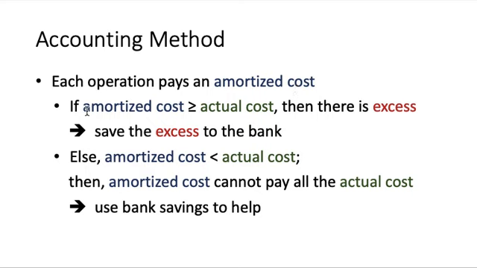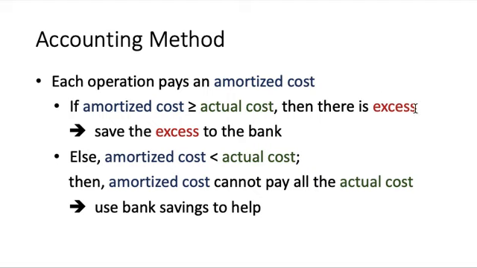Now, in case the amortized cost is greater than or equal to the actual cost, we will have an example soon. If we pay this fixed amount called amortized cost for each operation, but it turns out that we do not need that much to pay for the current operation, then we have some money left.